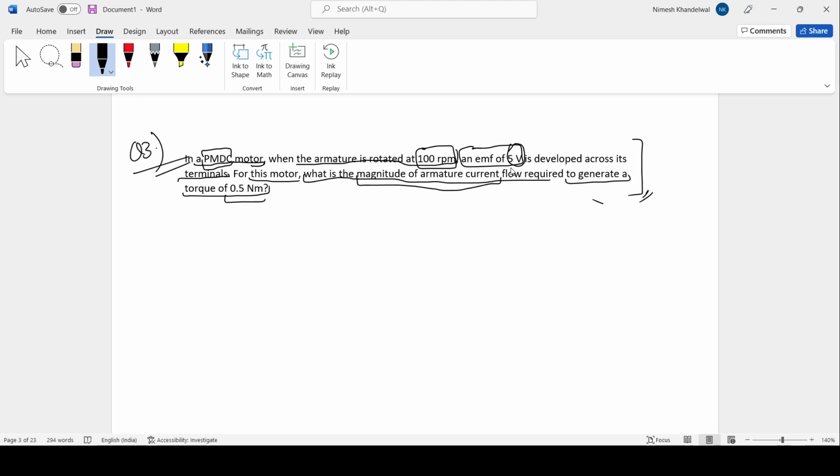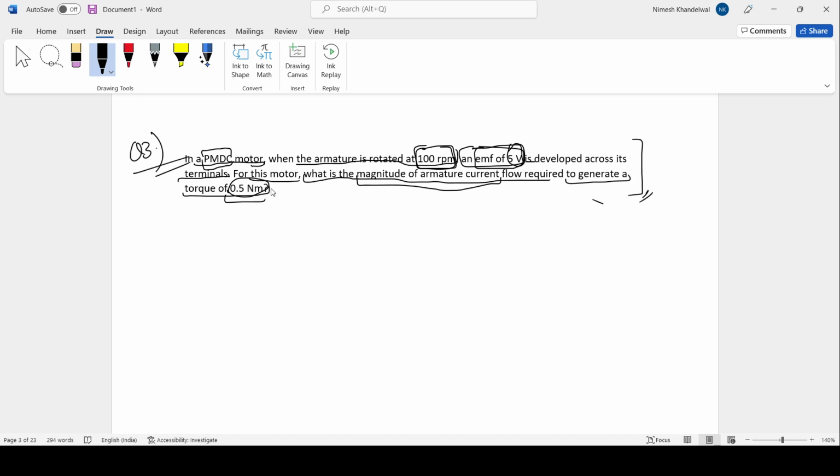Now, in this question, we have been given RPM and the corresponding back EMF, but we have not been given the other quantities of the rectangular coil, namely the length, the width and the field strength or magnetic flux density for the given arrangement, and we have been given the required torque.